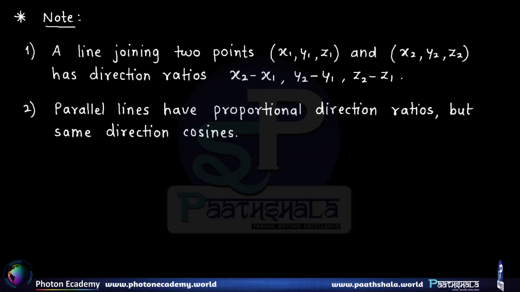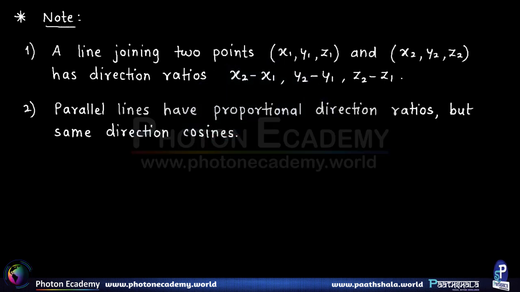Now let us note two important points before we go on to solving some of the examples. First is that a line joining two given points, say x1 y1 z1 and x2 y2 z2, has direction ratios x2 minus x1, y2 minus y1 and z2 minus z1.